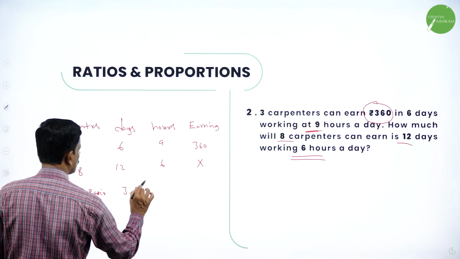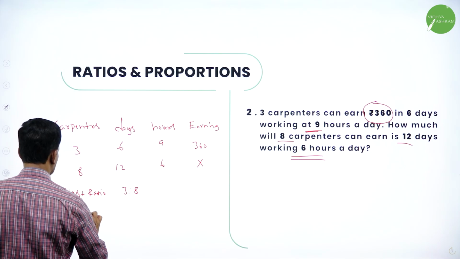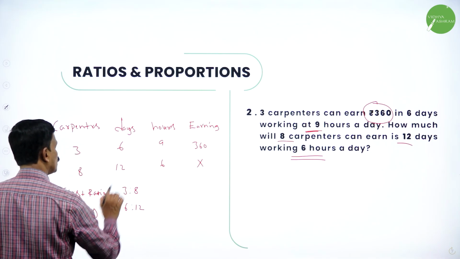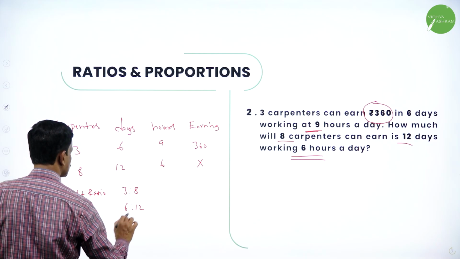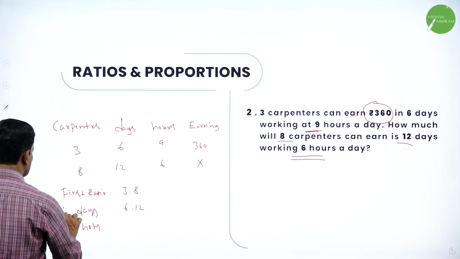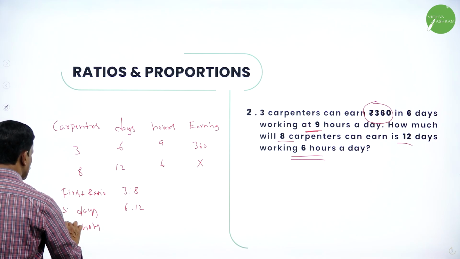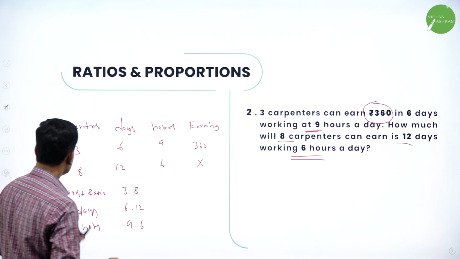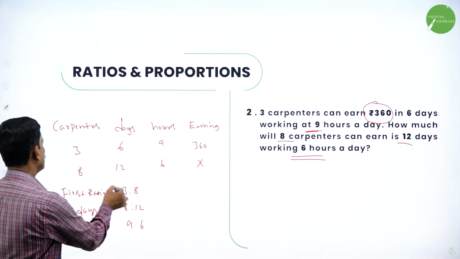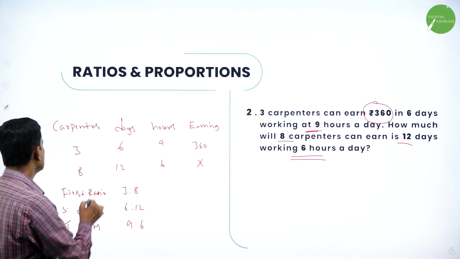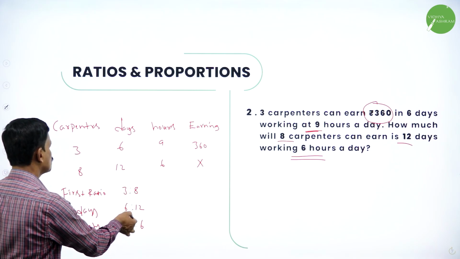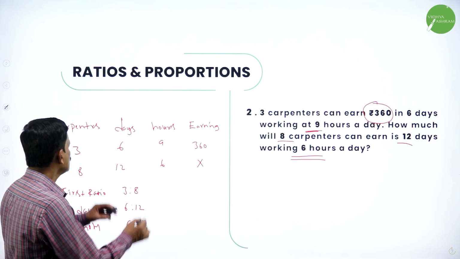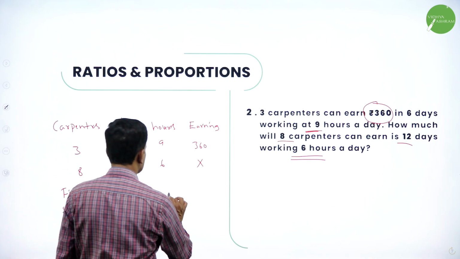First ratio, carpenters, is directly proportional, 3 is to 8, and the number of days also directly proportional, that is 6 is to 12, and the number of hours, that is the third ratio, directly proportional, 9 is to 6.